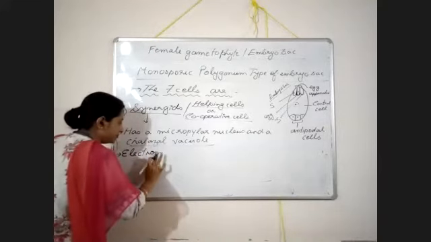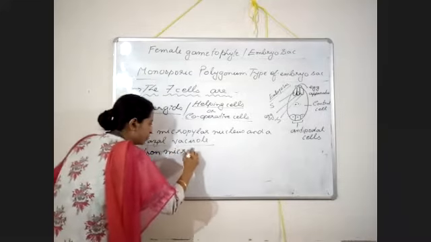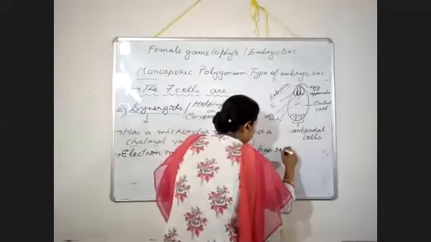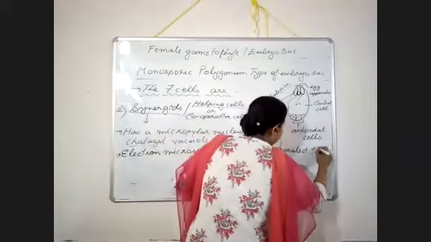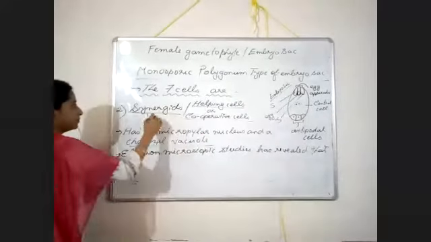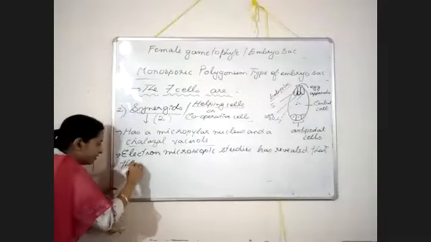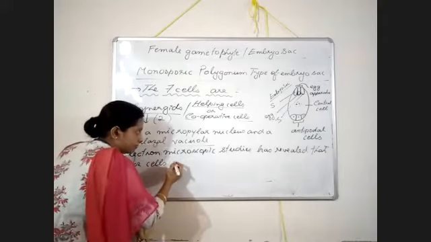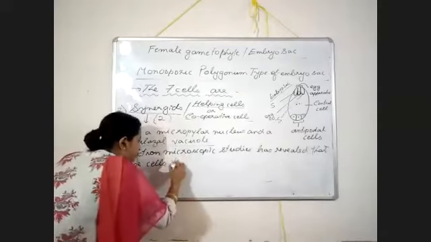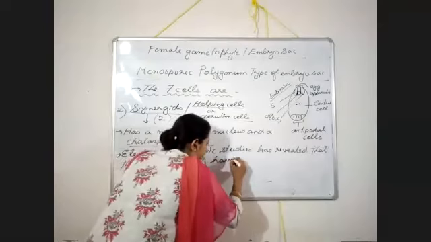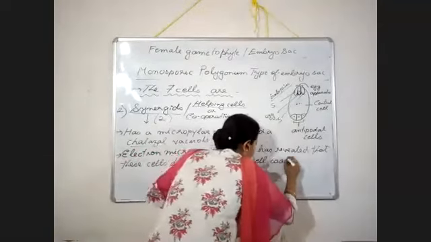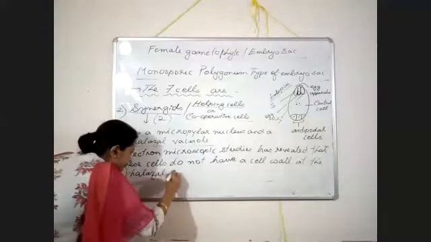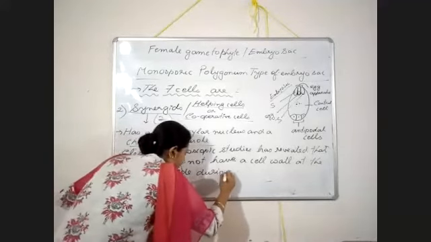Electron microscopic studies have revealed that these cells do not have a cell wall at the chalazal site during maturity.